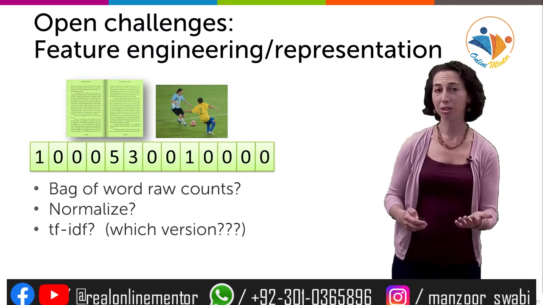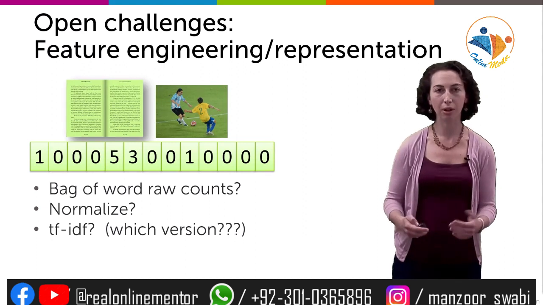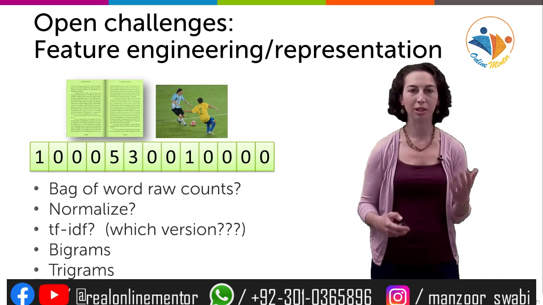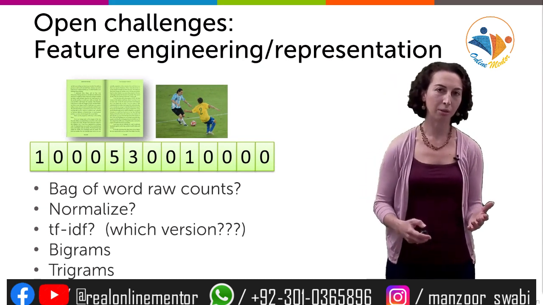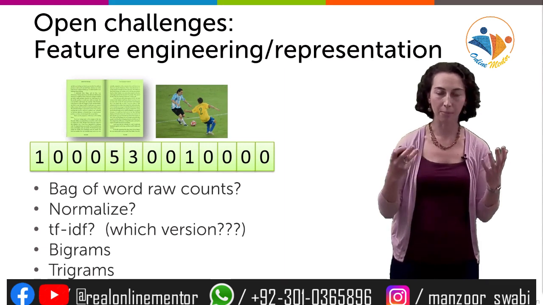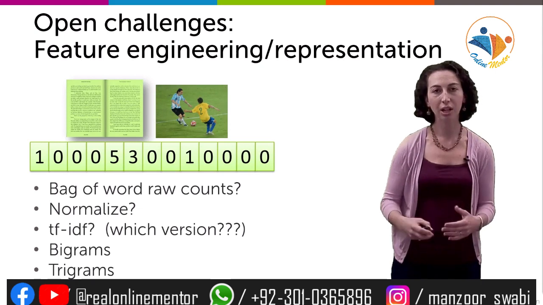But honestly, there are lots of different variants of TF-IDF. We just provided one example of doing this. You could also think about using bigrams and trigrams, and there are lots and lots of ways we can think about representing the words that appear in a document. That's our data set of interest that we'd like to represent.